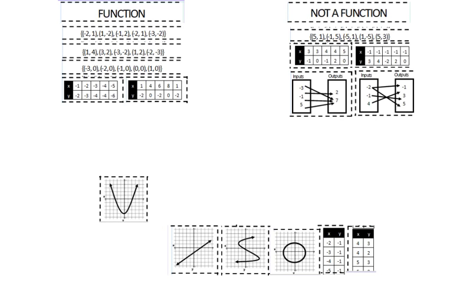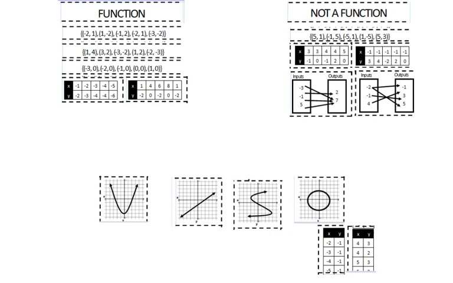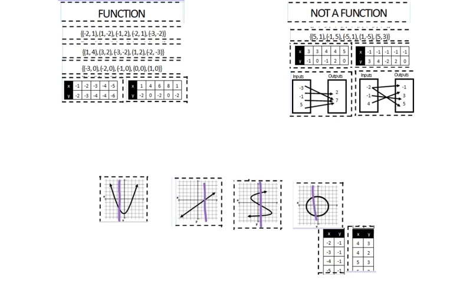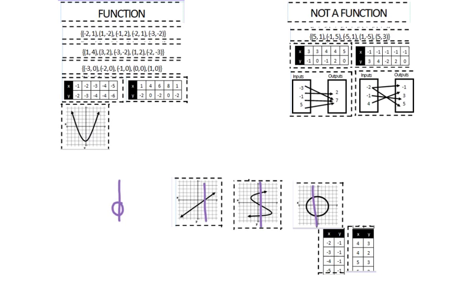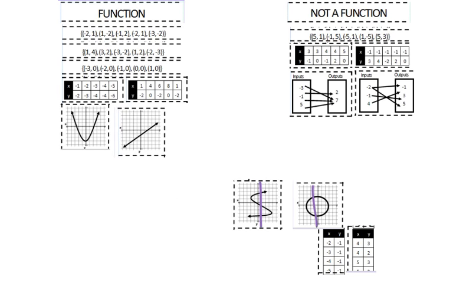All right, graphs. Graphs, we do the vertical line test. So I'm going to go ahead and draw the vertical lines on all of these graphs, and then we can come back and look. So in this first graph, the line only touches the graph one time, so that's a function. In the second graph, the line touches the graph only one time, so that is a function.